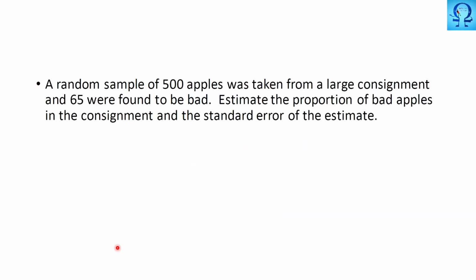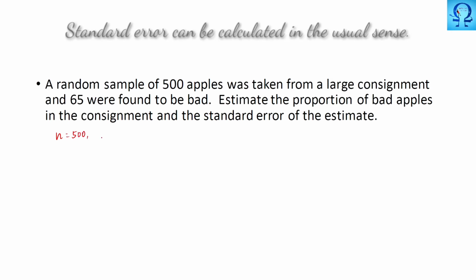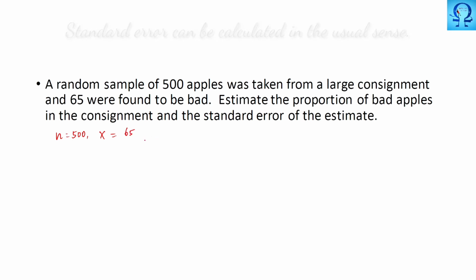Okay, so in this problem it is given that a random sample of 500 apples was taken from a large consignment and 65 were found to be bad. We are asked to estimate the proportion of bad apples in the consignment and the standard error of the estimate. First of all, here n is 500, and the attribute that we are interested in is the apples being bad, that is 65.